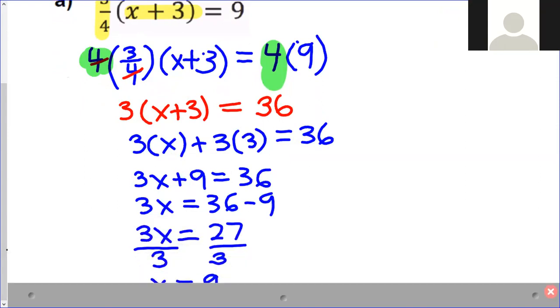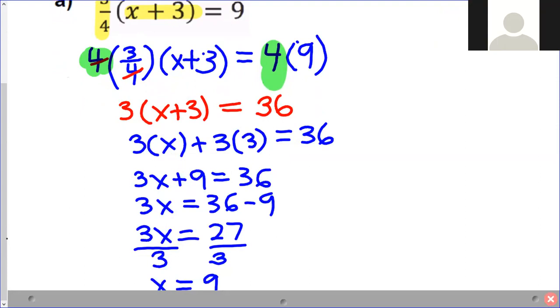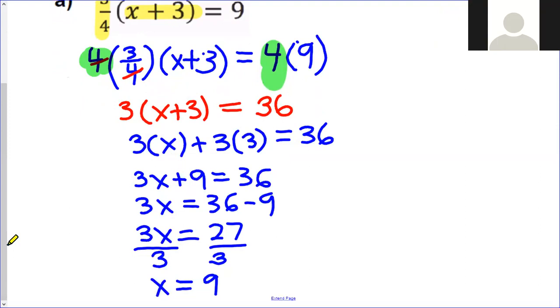So the hardest part would be eliminating the fraction. Once we get past that, the rest of the question becomes quite easy to solve. So I would even encourage you to write these questions down and cover your notes and try to solve it without looking at your notes. That way you can really figure out if you truly understand the question.